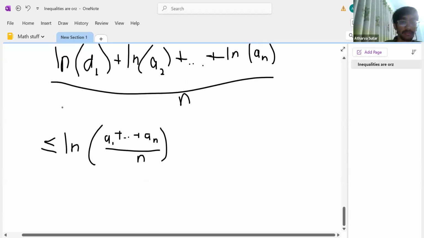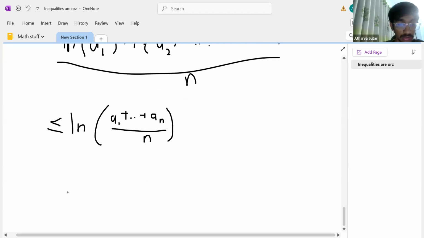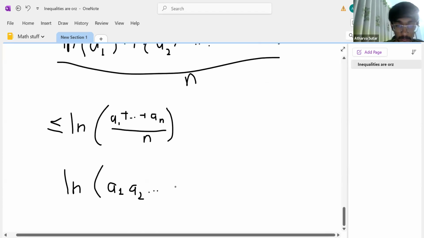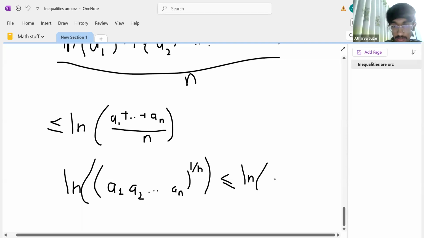And now using the properties of log, I'm sure you guys will know, we get ln of a1, a2, and so on, an, to the 1 by n is less than or equal to ln of the RHS.